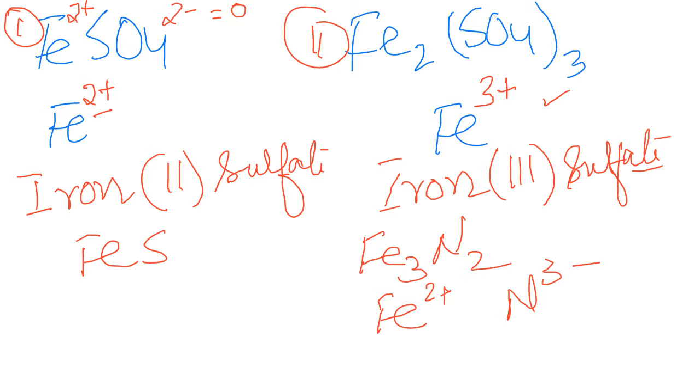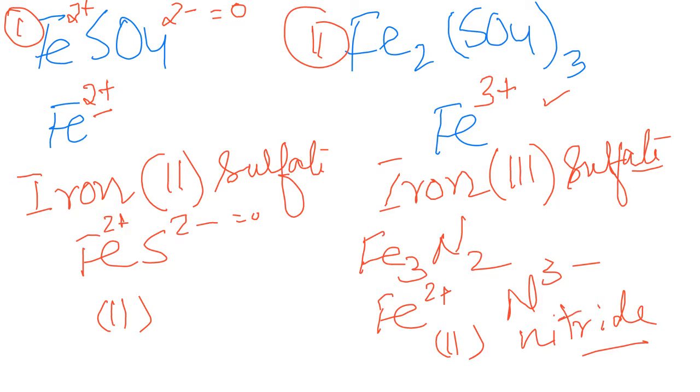So this is also -2, so what should be here? +2, both equal to 0. So the Roman numeral is 2 here, and also 2 here. Iron 2 nitride, IDE, nitride. This is sulfide, IDE. So the only difference here is the Roman numeral.